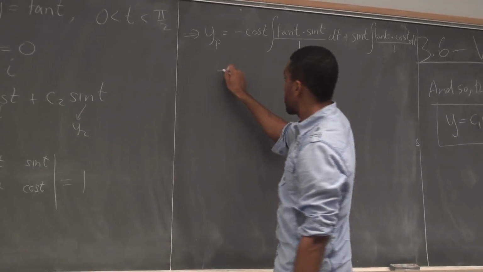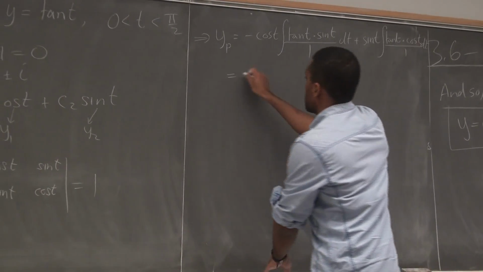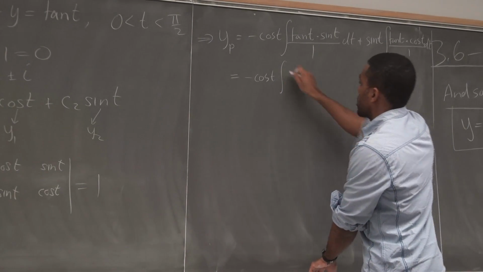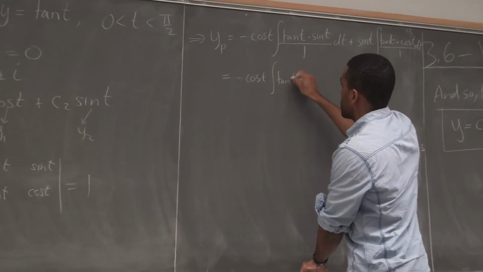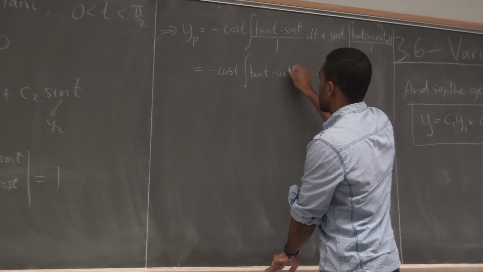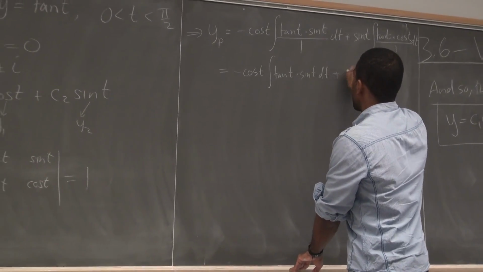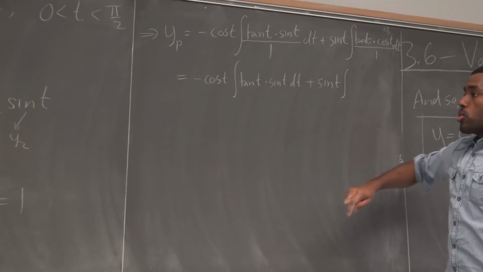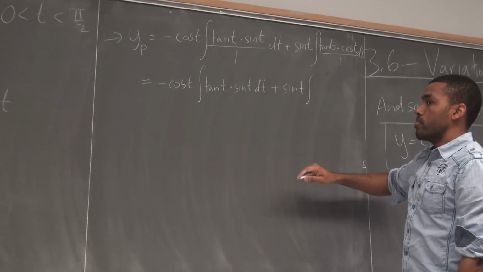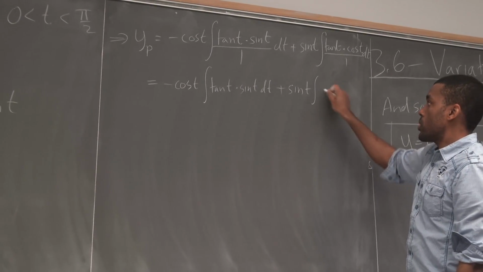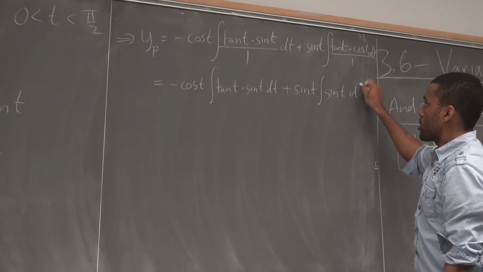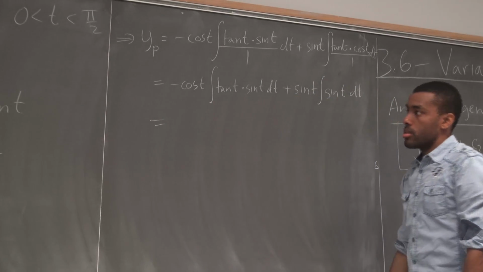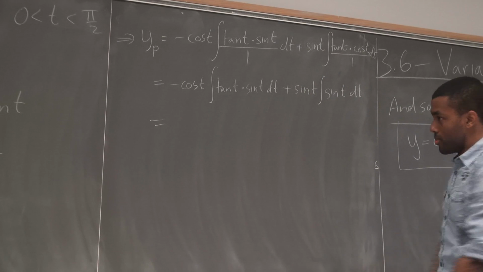And so this is minus cosine t times the integral of tangent times sine t dt, plus sine t times the integral of tangent times cosine, which is what? It's sine. All right, how do I integrate this? Quickly, we don't have a lot of time.